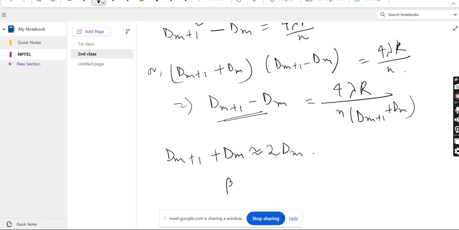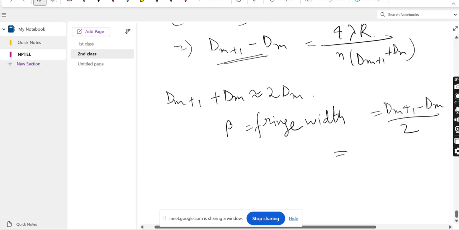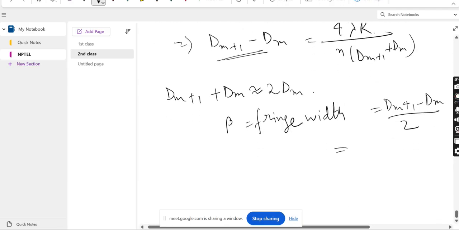You can write it as beta, it became 2 because we are taking diameter, but fringe width is basically the difference of diameters. So as the diameter changes, the fringe width also changes.